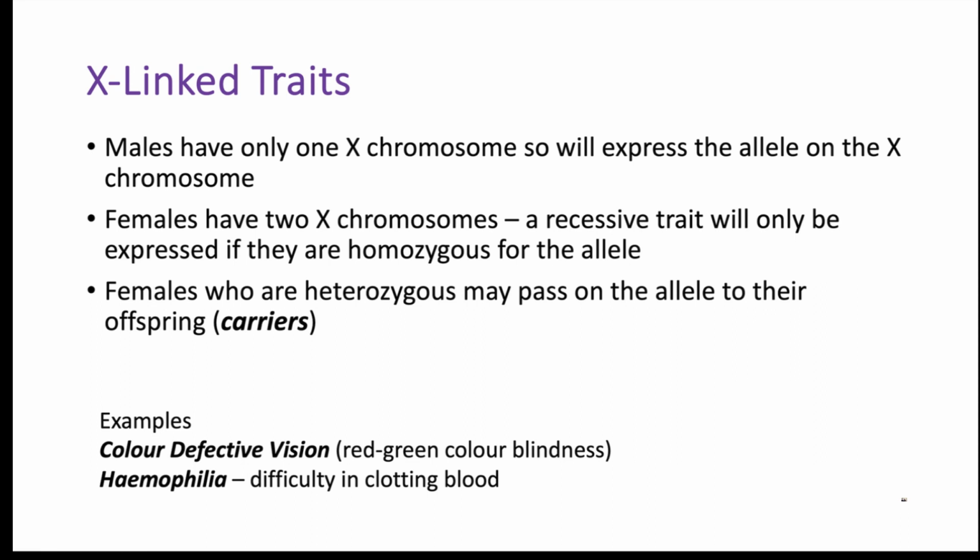In males, whether it's dominant or recessive, it's going to be expressed because they've only got one. Females who are heterozygous can still pass the recessive allele onto their offspring, and they're called carriers.